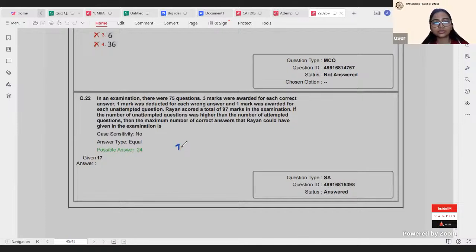So 75 questions, 3 marks were awarded, minus 1 for wrong, and minus 1 for unattempted. So suppose 3a minus 1 into b plus 1 into 75 minus a minus b.